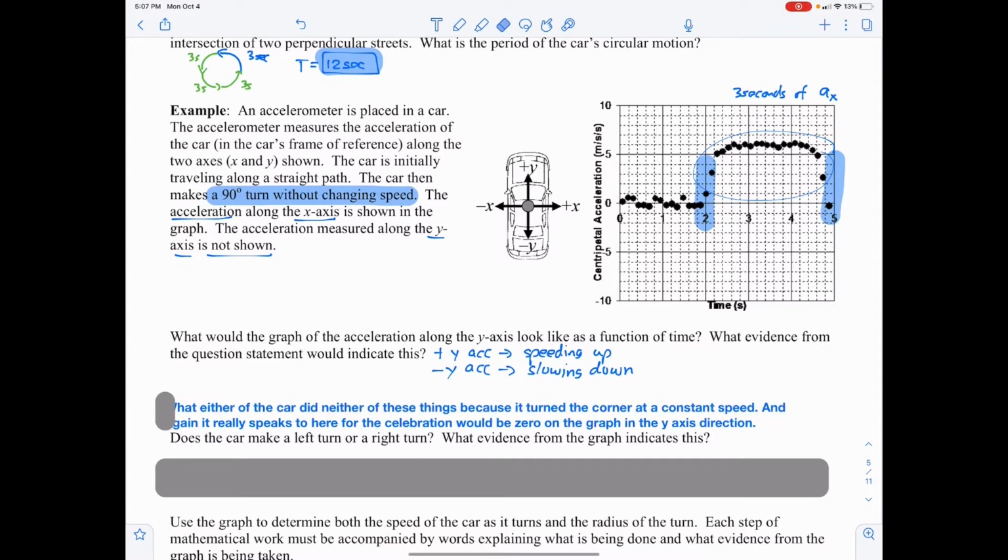So that means that the car did neither of these things because it turned the corner at a constant speed.